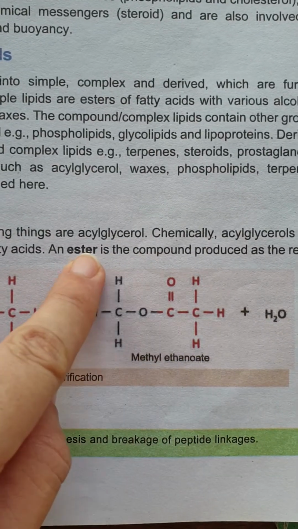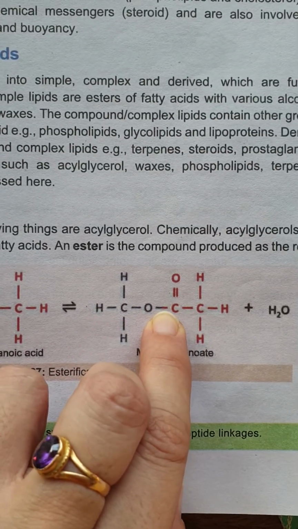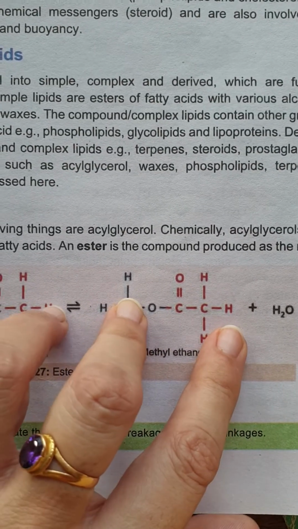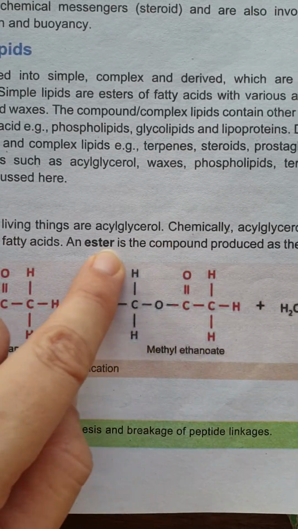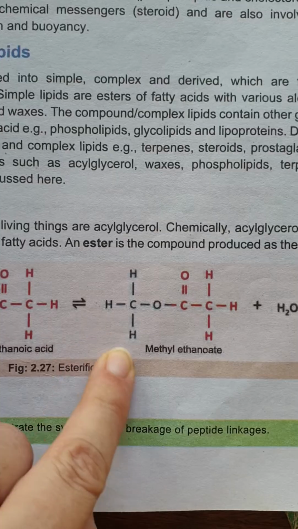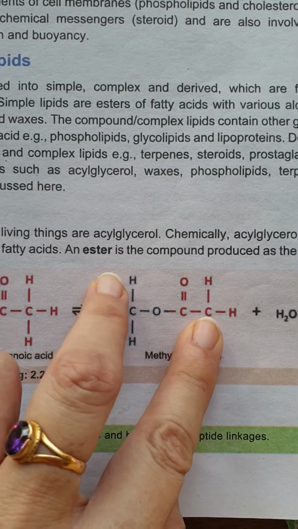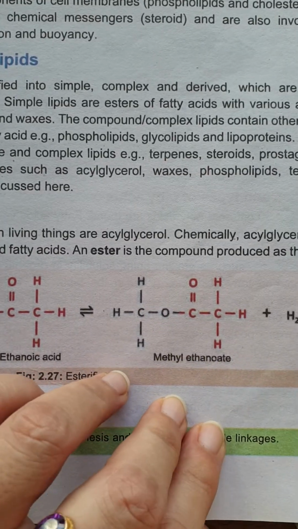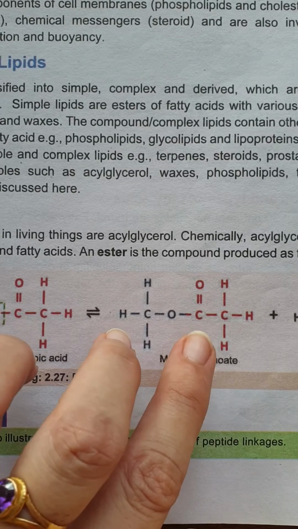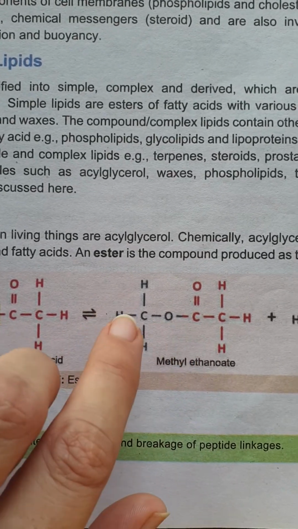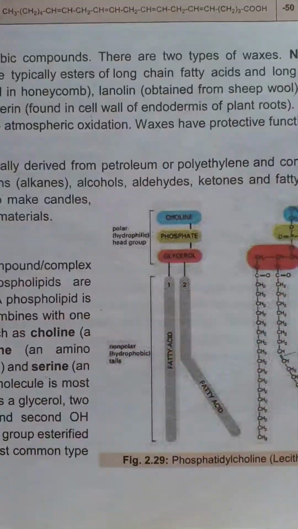Condensation occurs, and the acid and alcohol combine with the ester bond, and the process is known as esterification. So the formation of the simple lipids is like that: one alcohol and one acid combine, and they form the structure of lipids. That is why on hydrolysis, when we hydrolyze the lipid, it will always release one alcohol and one acid.